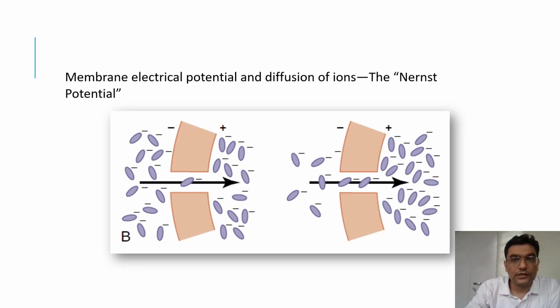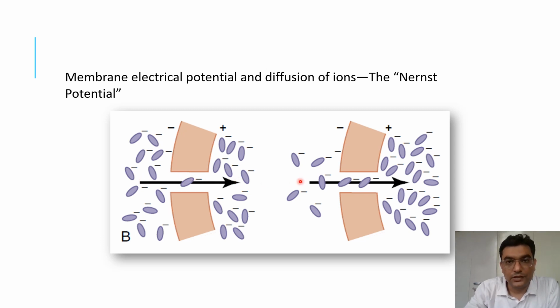Another factor that plays a role in the rate of diffusion is the membrane electrical potential. As you can see, the concentration of these negative ions outside and inside is similar, but still there is movement of these negative ions towards inside. Why? Because we applied negative charge outside and positive charge inside, so the positive charge attracts the negative ions inward.